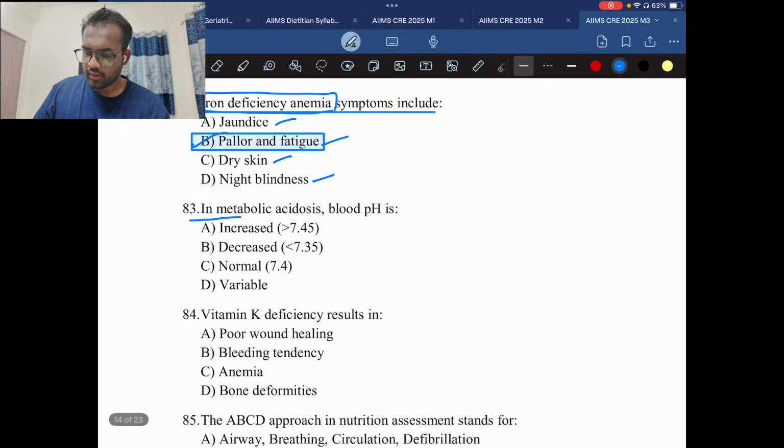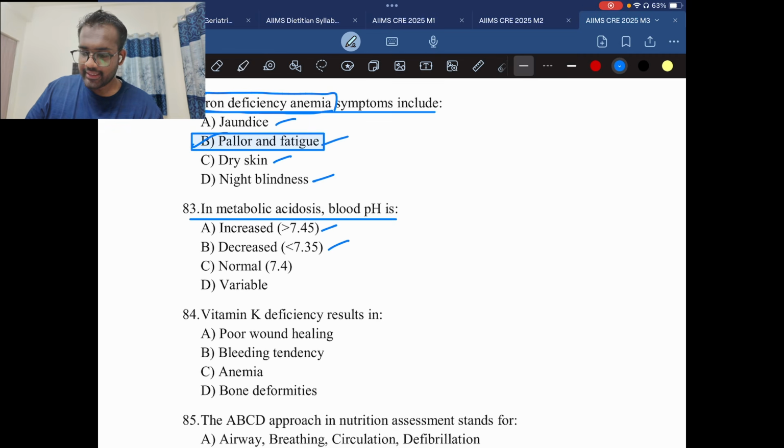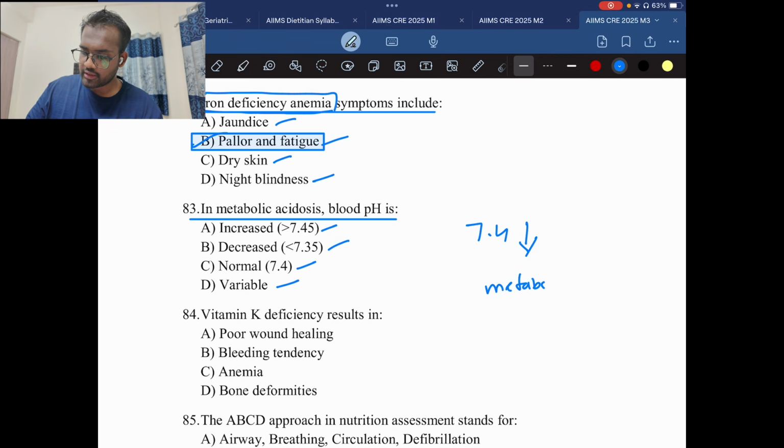Question number 83. In metabolic acidosis, the blood pH is increased, greater than 7.45; decreased, less than 7.35; normal, 7.4; or variable. This type of question I have discussed in past videos also, but here I will go through it briefly. The normal pH of the blood is 7.4. If the blood pH drops, it is called metabolic acidosis. If the blood pH increases from 7.4, it is called metabolic alkalosis.